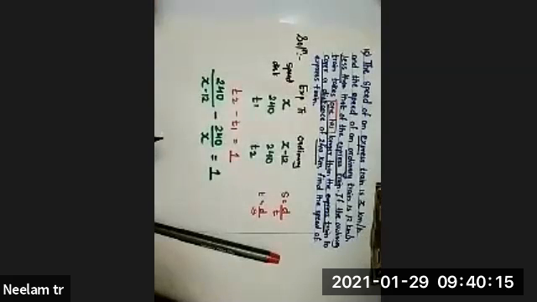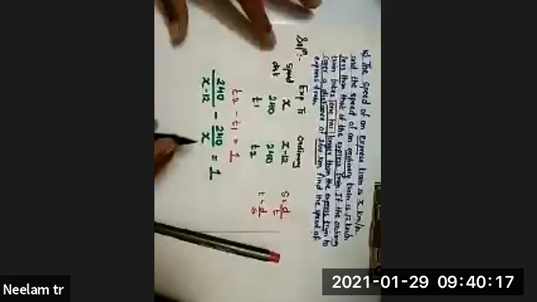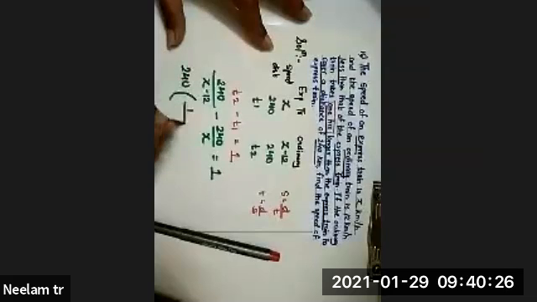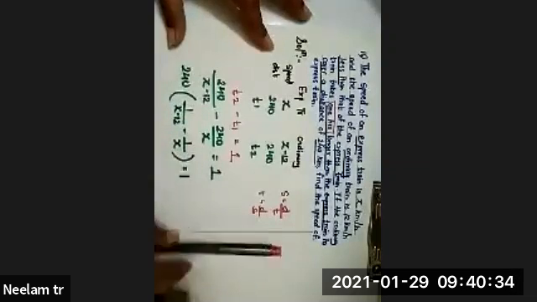Yes, I think this is clear. Now take 240 common. Take out 240: 1 divided by x minus 12, minus 1 by x is equal to 1.